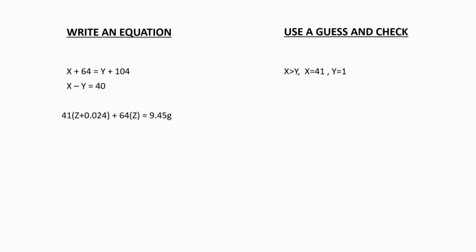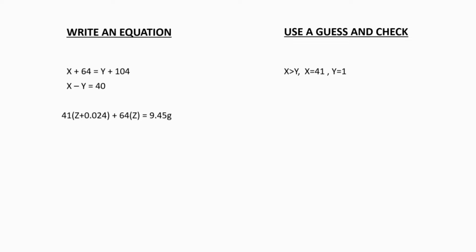What I mean by this is if x minus y is equal to 40, then x must be larger than y. So we can guess the values of x and y by their highest and lowest possible outcomes. We can have x as 41 and y as 1.